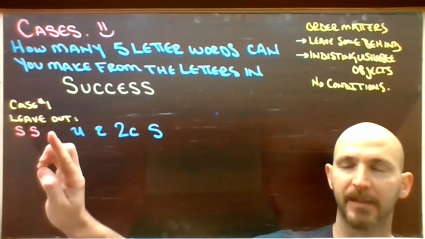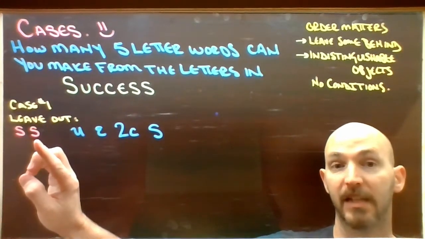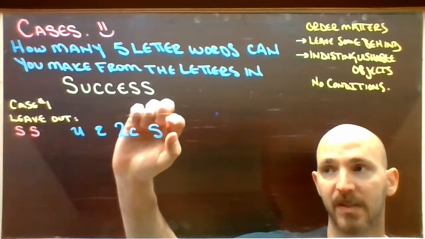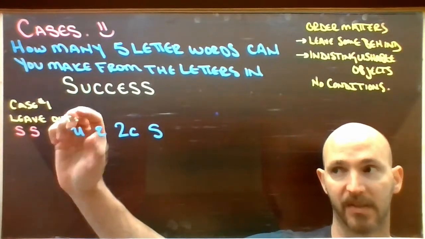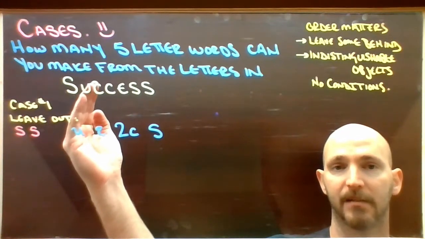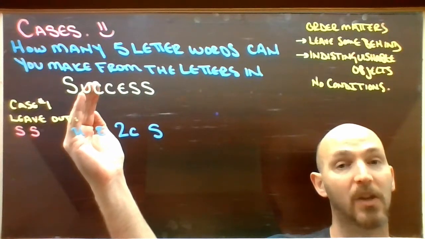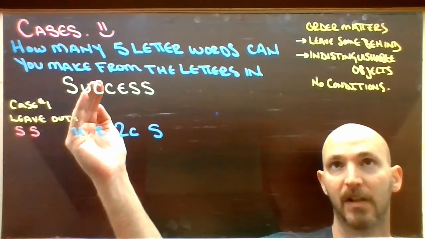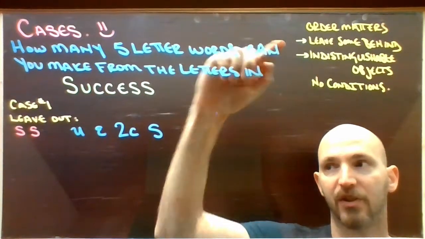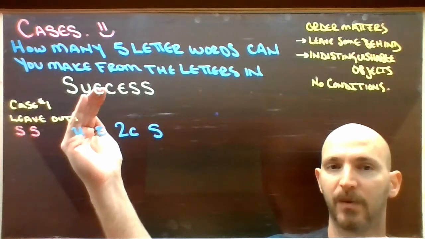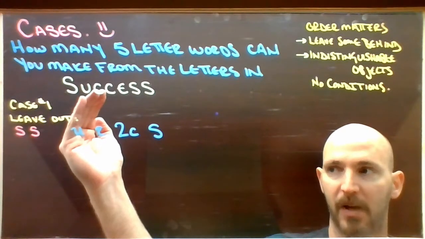Now that I've decided that I'm leaving these 2 S's out of my shufflings, I have a smaller sub-problem to solve where I'm only shuffling a U, an E, an S, and 2 C's. That's shuffling 5 out of 5 letters, so this is no longer an issue. In this sub-problem, I'm no longer having to deal with the fact that some of the letters are left behind.